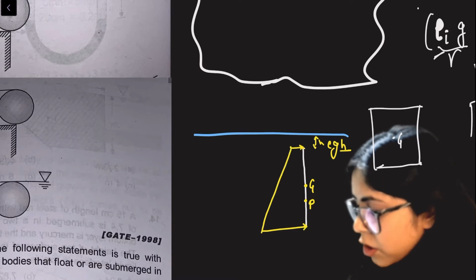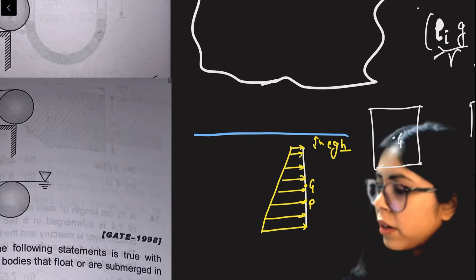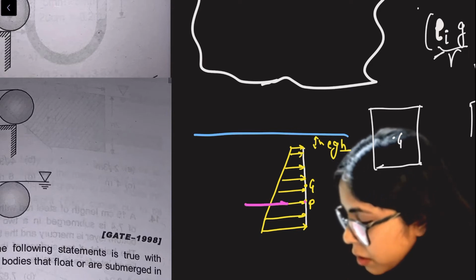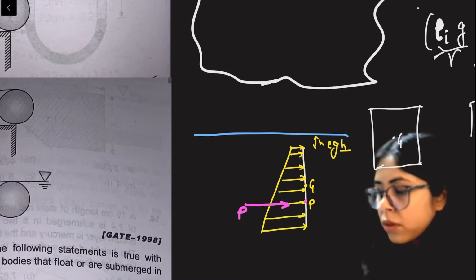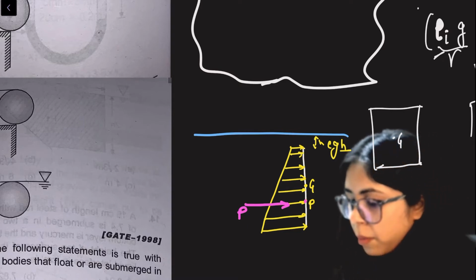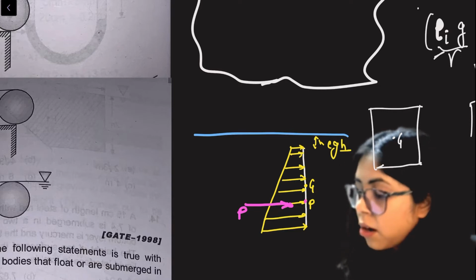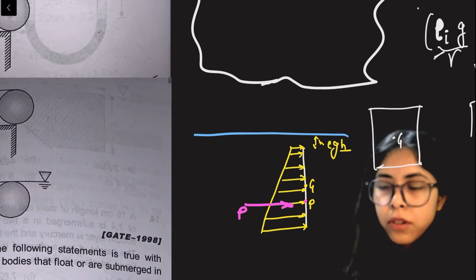So I get the pressure diagram somewhat like this. Now this pressure diagram's center of gravity will give you the point where the center of pressure works. So this hydrostatic force is acting at this particular point.